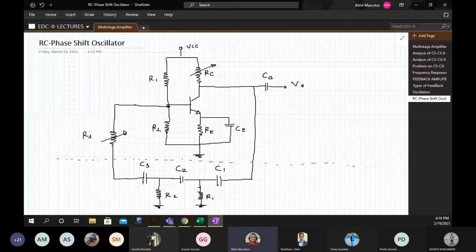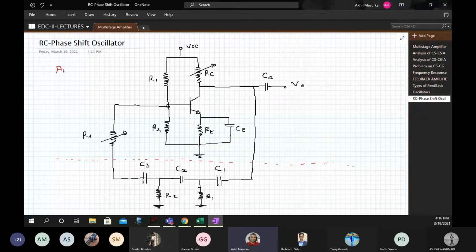Above the red line we have the amplifier. Which amplifier? In this case it is a CE amplifier, and the biasing that we can see here is a potential divider bias.